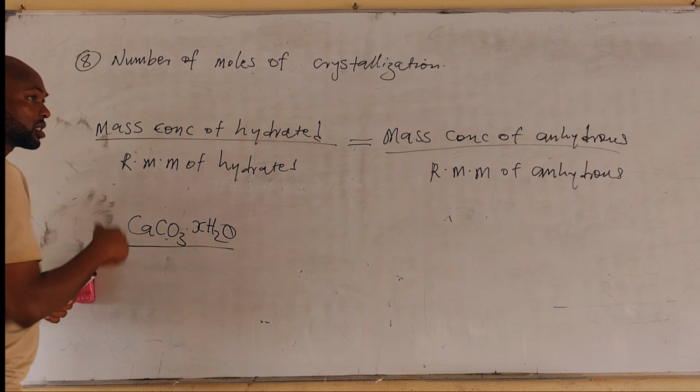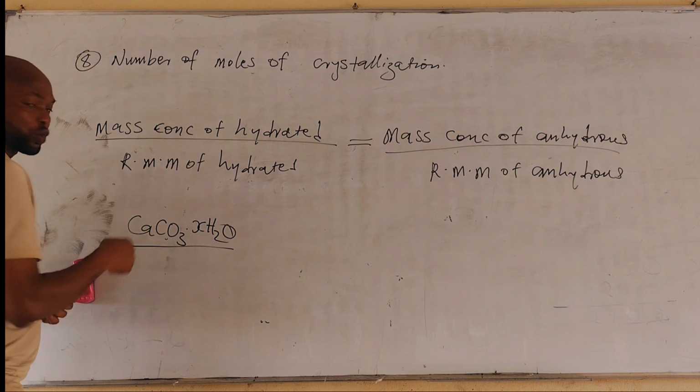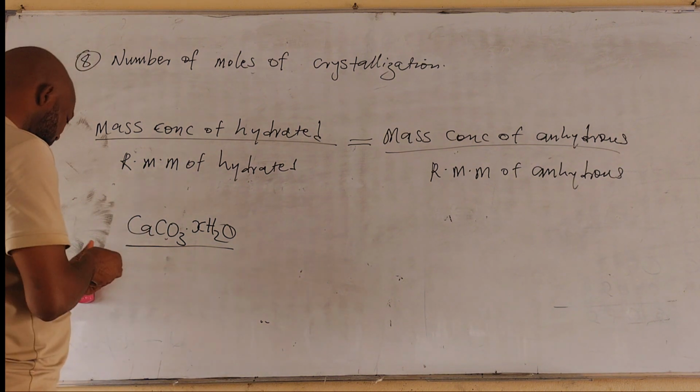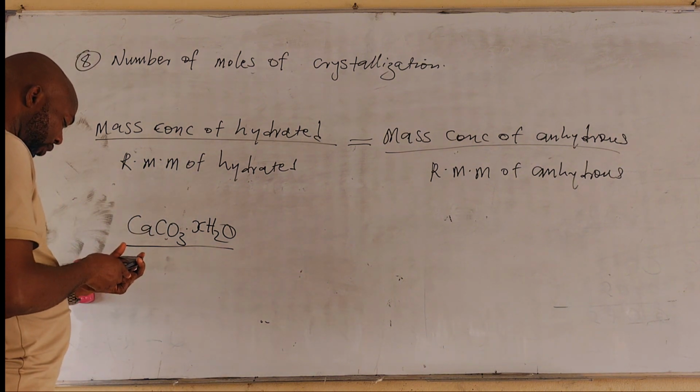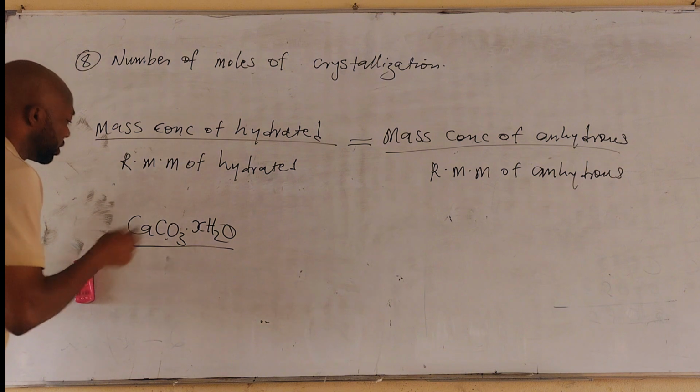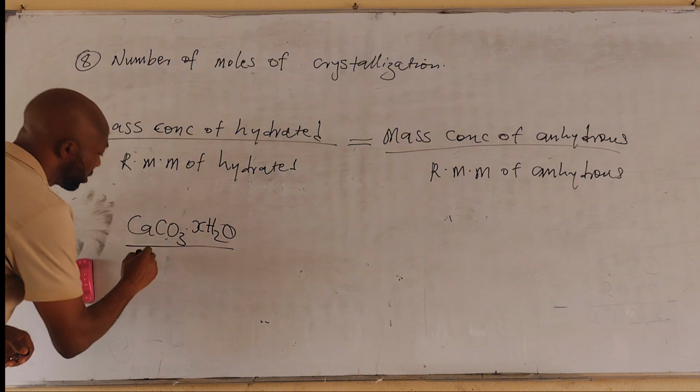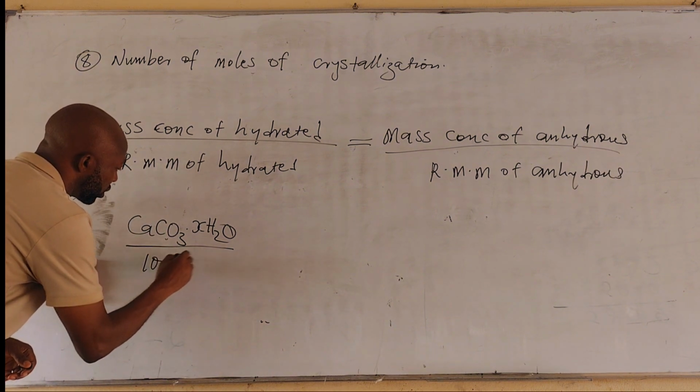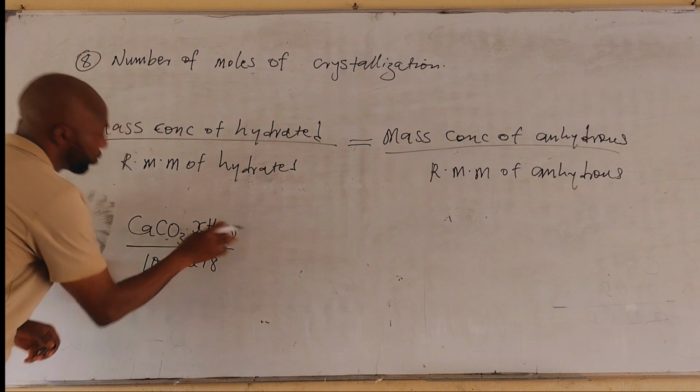Calcium is 40 plus 12 plus 48, which is 100. So this will be over 100 plus X times 18.